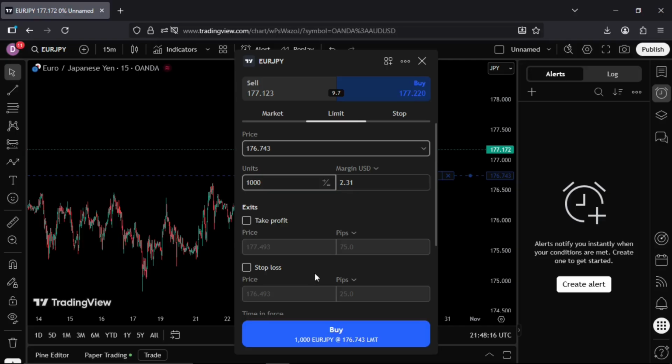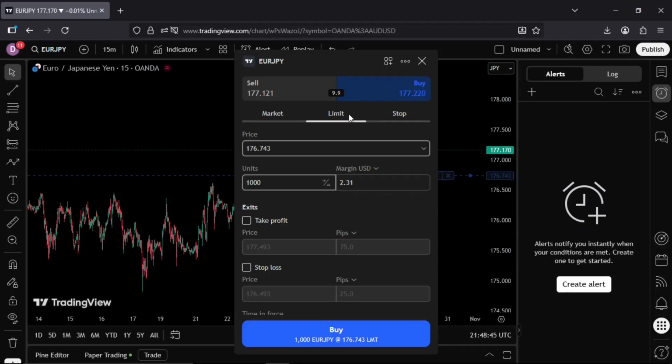So if you're finding trouble understanding whatever's going on here on this order ticket, go ahead and look for that lesson. I think the title of the lesson is how to read the forex chart. Because I'm not going to be explaining most of the things here, I'm just going to show you how you can place your limit orders.